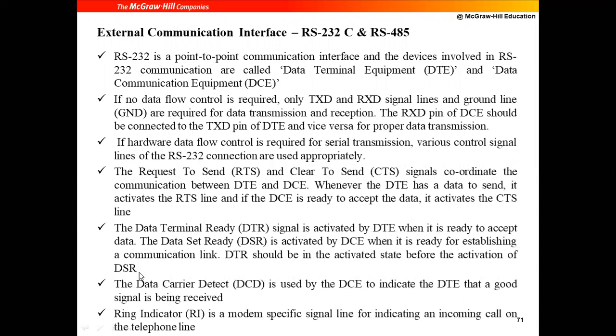Once these handshaking signals are given, only then will a link be established between device 1, the data terminal equipment, and device 2, the data communication equipment. And once handshaking signals are complete, the data transfer will take place. Okay, this is about the RS-232 connector.